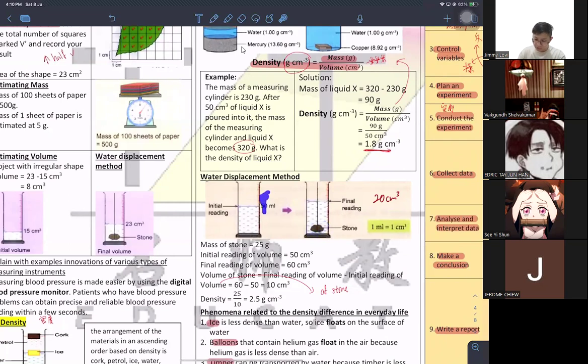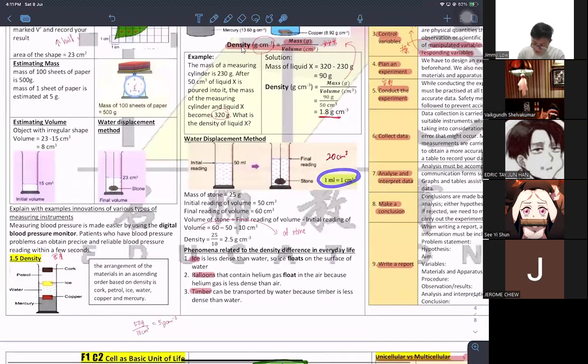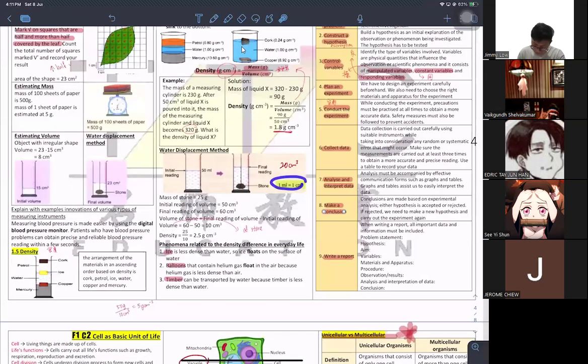Because volume of water in ml is actually equal to cm cube. So you can use the ml to convert into cm cube, find out the difference between them, and then you know the volume of the solid. So this is what you have to know: 1 ml equals 1 cm cube.